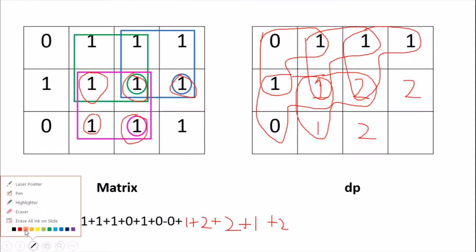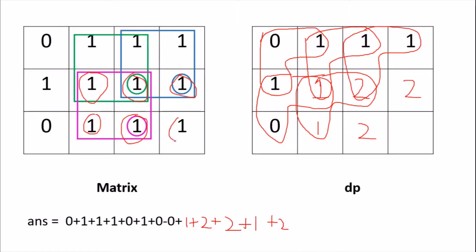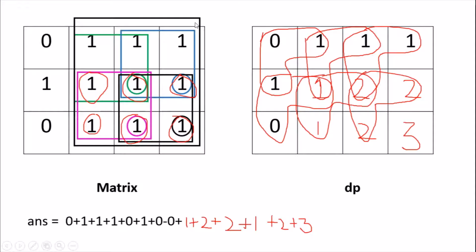Now we move on to the last element here, and we check the minimum of these three. The minimum is 2 and we add 1 to it. We store 3 here and we add 3 to our answer. So the three square submatrices at this point will be one of size 3, one of size 2 and one of size 1.